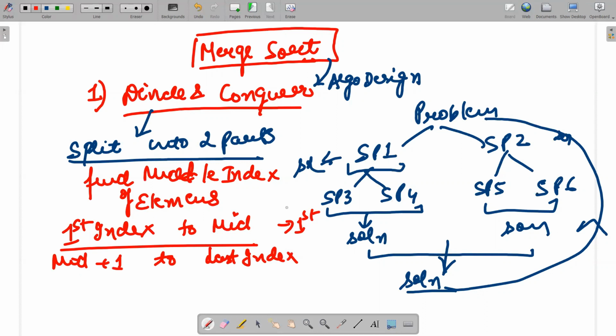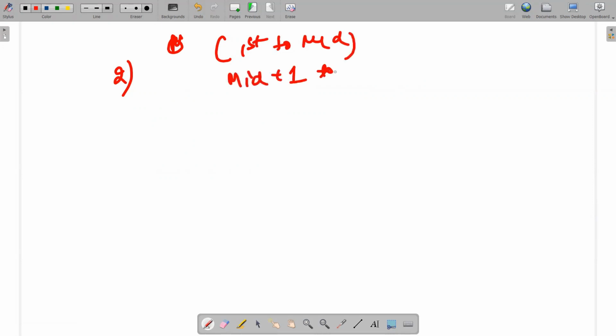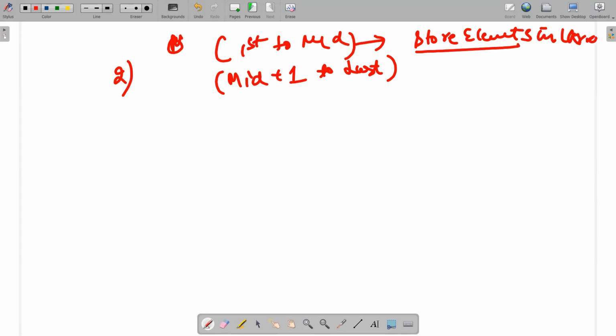After the splitting is done, the second important point that we need to understand is that whenever the solution is formed from first to middle and middle plus 1 to last, it will try to store the elements in one array and the elements in a second array.